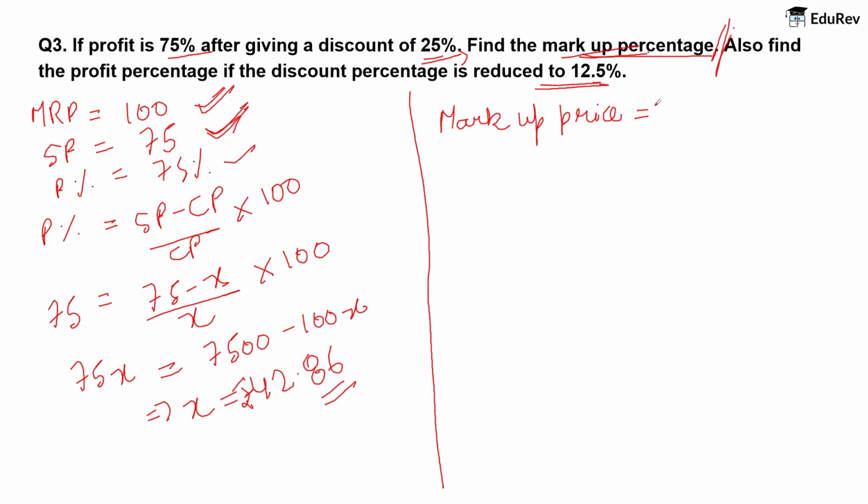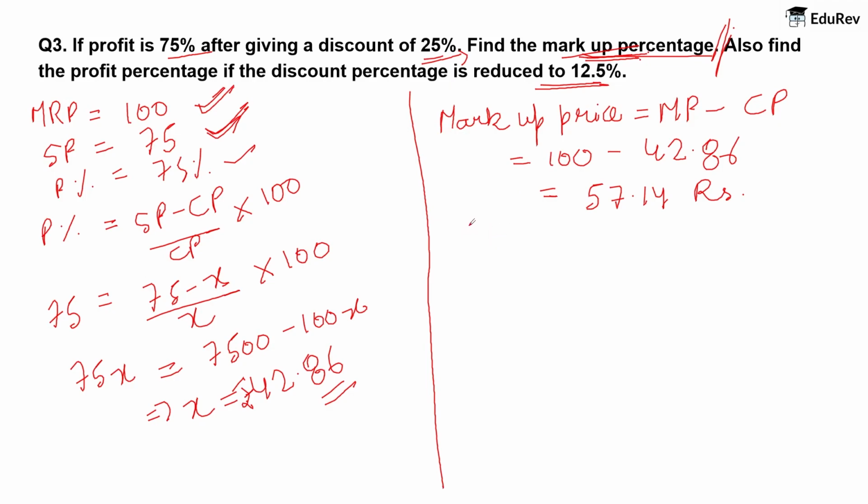So it is basically the difference between the mark price and the cost price. So mark price is 100 and cost price is 42.86. When you solve this, you get the markup price equal to 57.14 rupees. So this is the markup price, but we have to calculate the markup percentage.